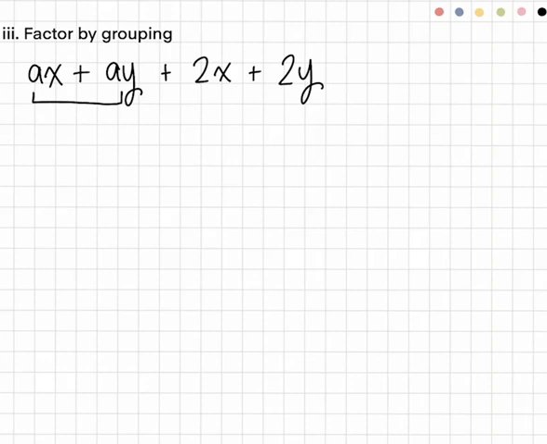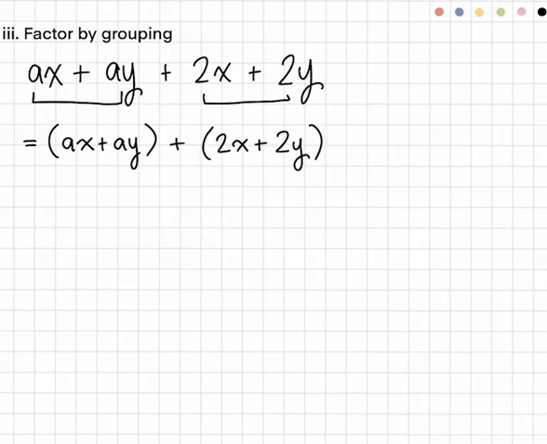And I also see that I have a common factor over here, and that's 2. So I'm going to group these together, and I'm going to rewrite it. It just happened to be in order for us, which was nice. So let's just rewrite it. Okay, so I have ax plus ay, and then I have plus 2x plus 2y.